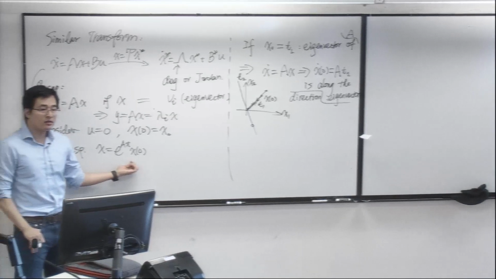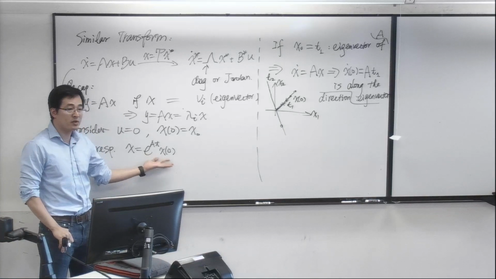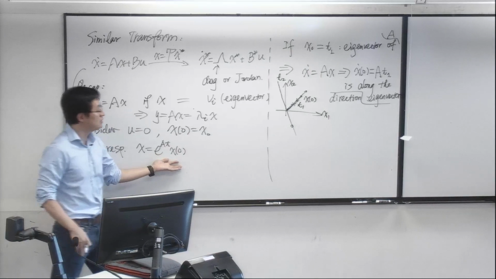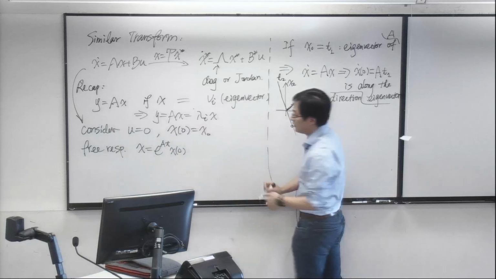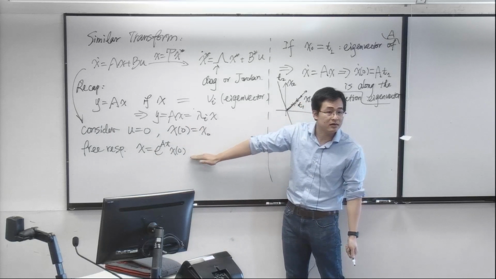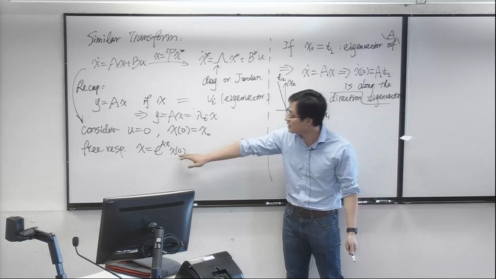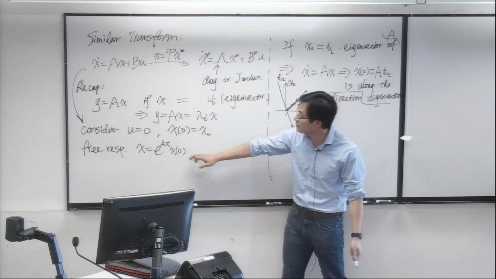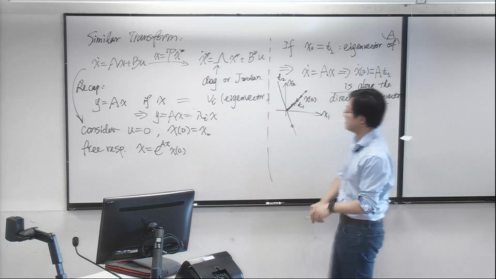Now let's try to make more sense out of this. It also makes sense if I look directly at this formula. If I start from the eigenvector direction, I'm going to stay in this direction.